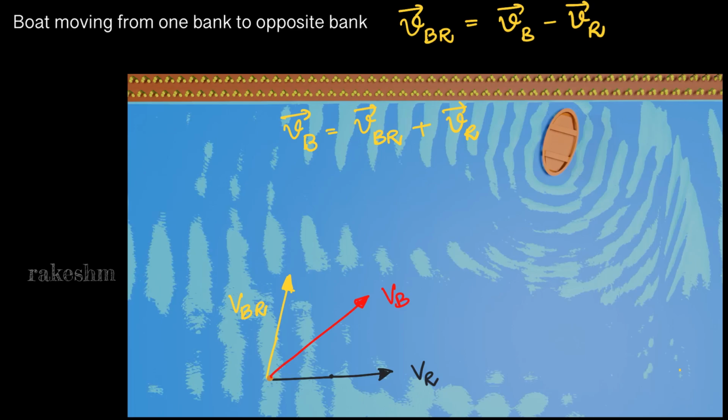So we are seeing these two vectors, VBR plus VR equals VB, which means the vector sum of the velocity of the river plus the velocity of boat with respect to river equals the velocity of boat with respect to ground.